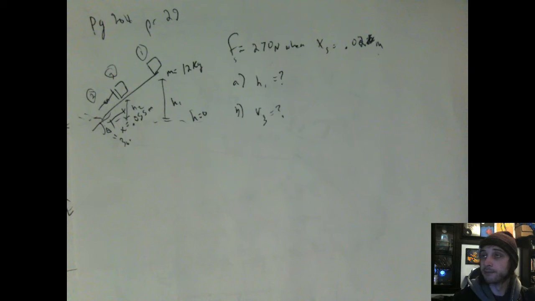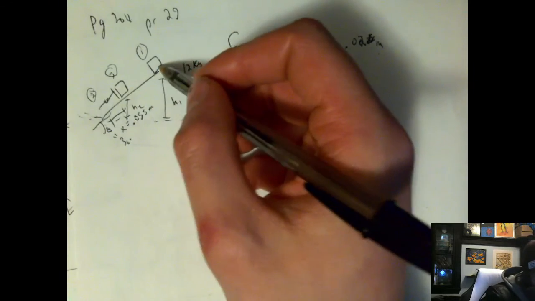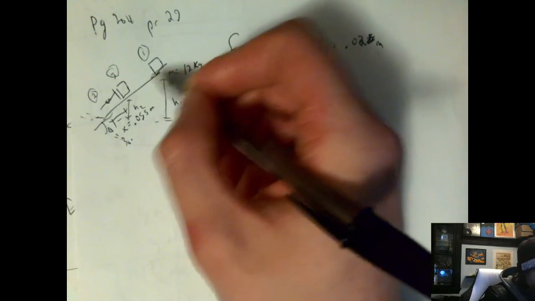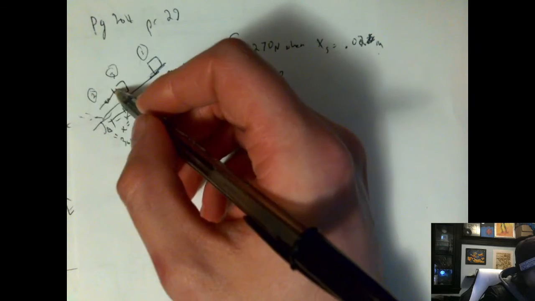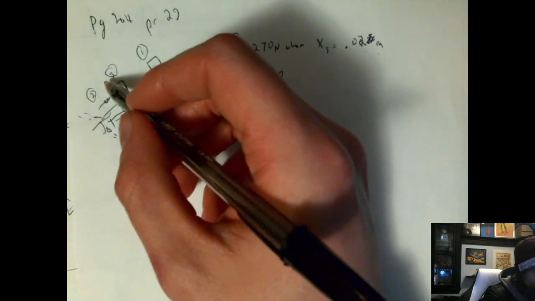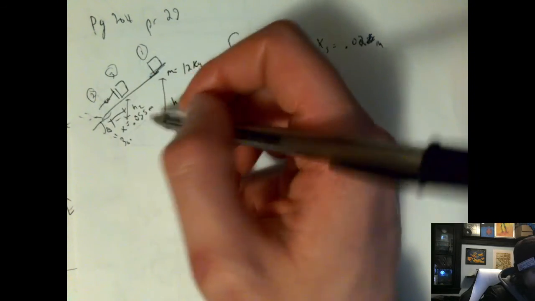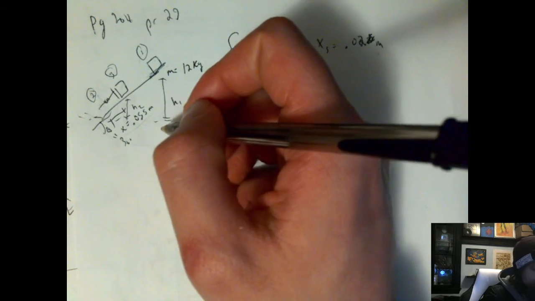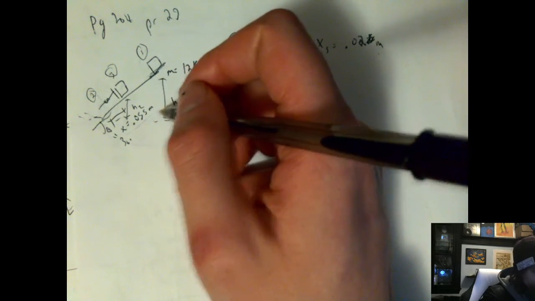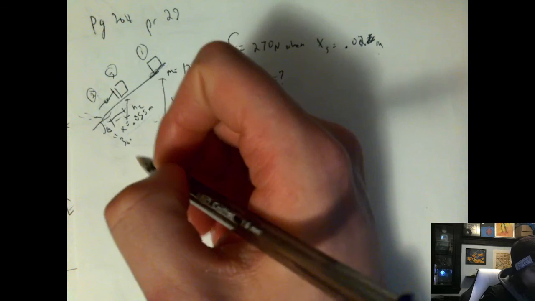All right. So in particular, looking at our setup, we've got a block. It's starting up here at rest, and then it goes down and it compresses a spring. And that spring gets compressed by a distance of 5.5 centimeters or 0.055 meters before it stops.